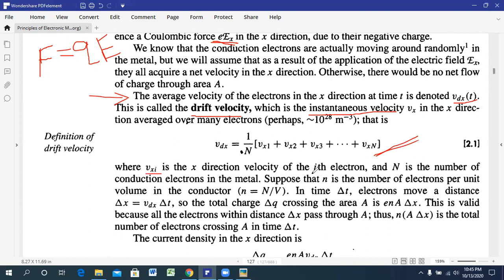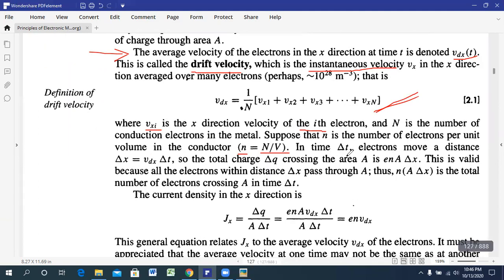That means this one is the velocity in the direction of x, and this one is the i-th electron. So suppose that n is the number of electrons per unit volume. If the total number of electrons is capital N, and small n is the number of electrons per unit volume, then small n should be equal to N divided by V. Very simple.